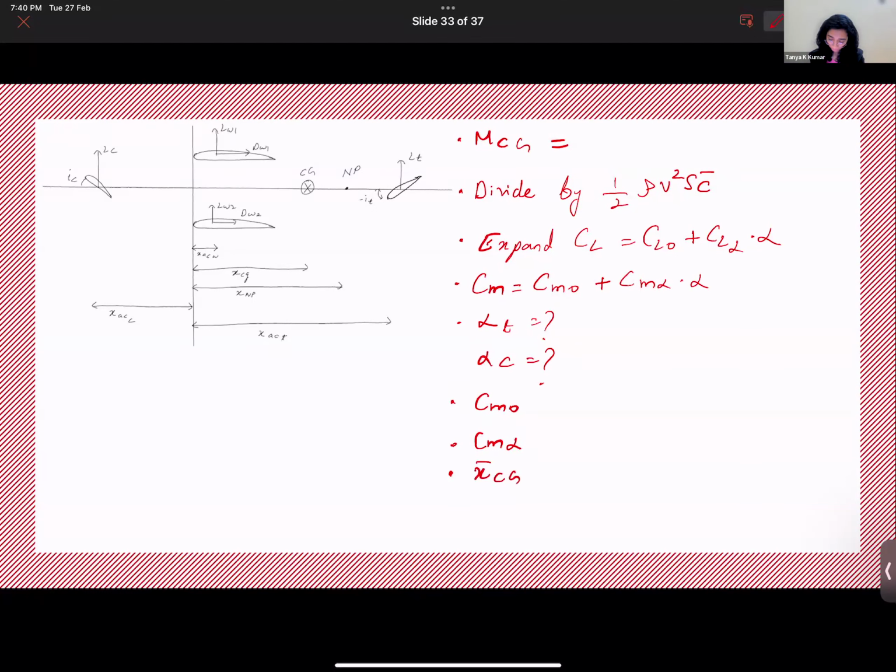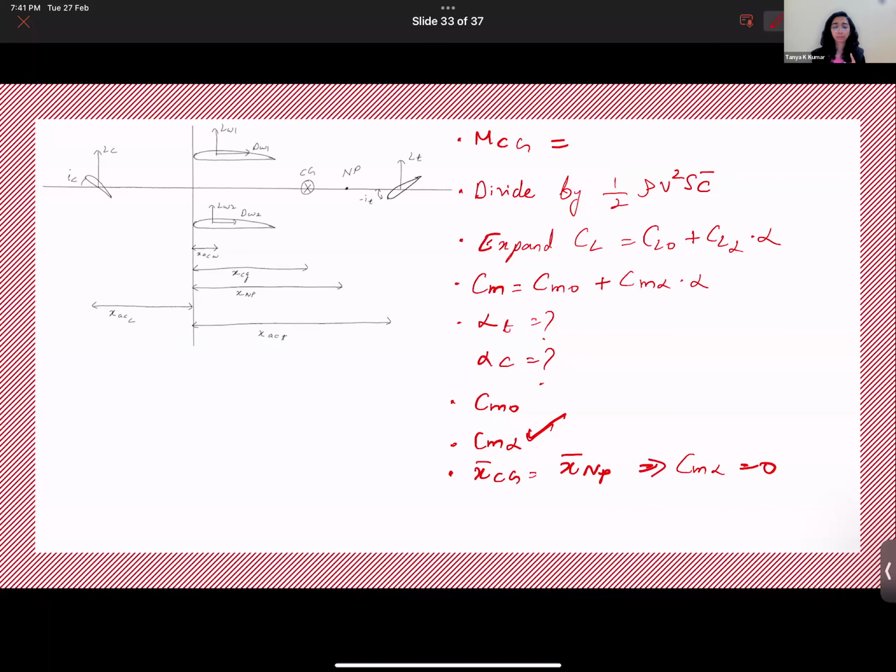X bar Cg equal to X bar Np and Cm alpha equal to 0. In this equation, substitute these quantities and you can find out X bar Np. And then see if what we had seen before is true, if it's a weighted average of all the aerodynamic components. Try doing this and we'll solve this together next class along with the numerical values. Just try finding out this X bar Np formula.